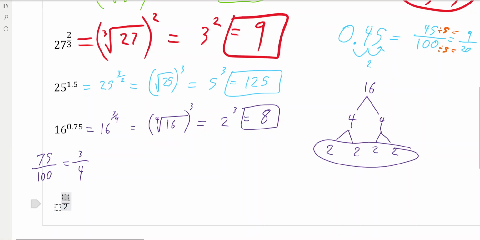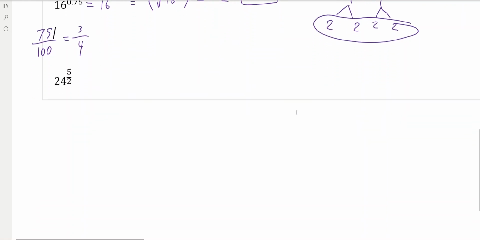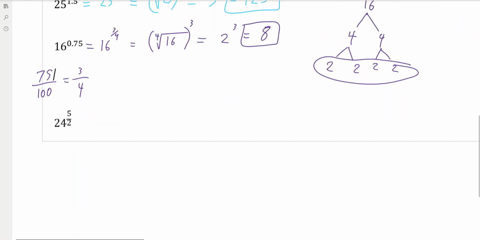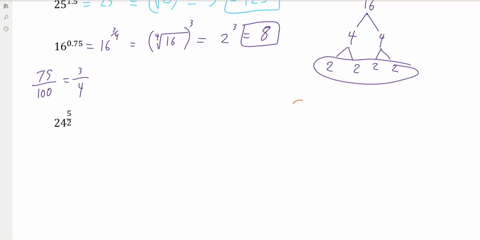I'm going to put a 5 there, and I'm going to put a 24 down there. Okay, so this is a slightly more complicated question only because it is going to require having a mixed radical as an answer.